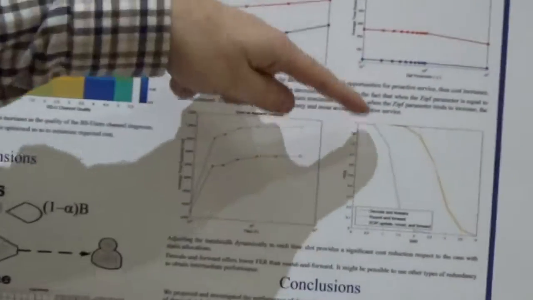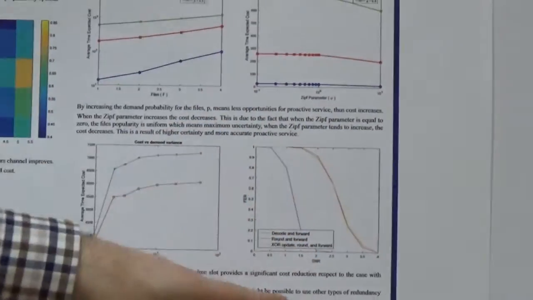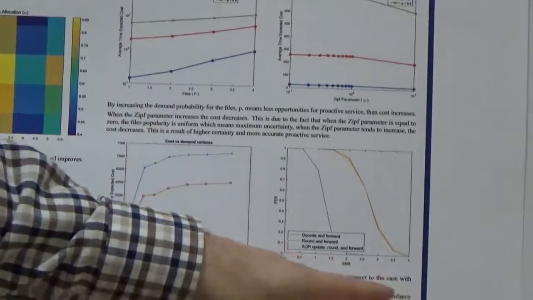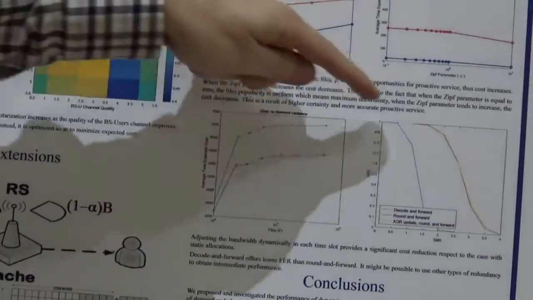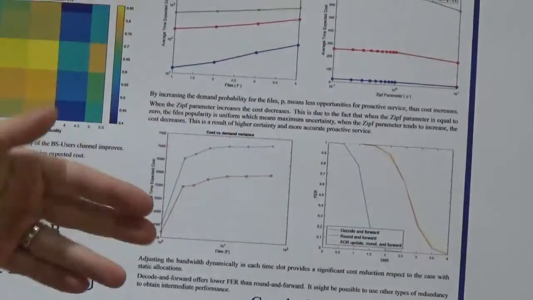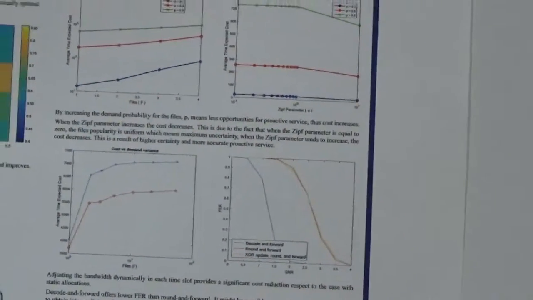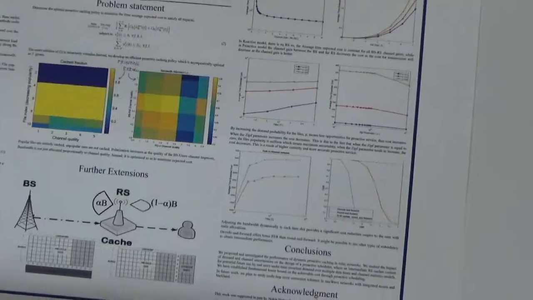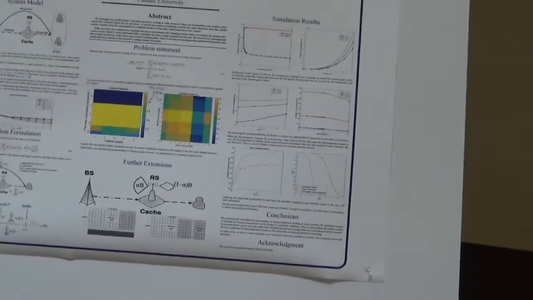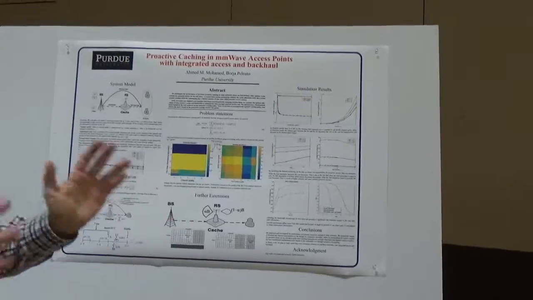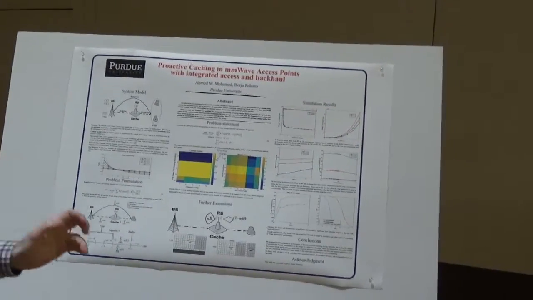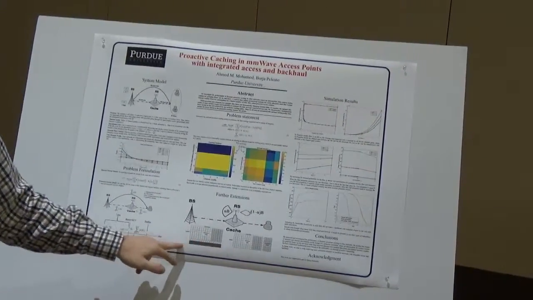So decode and forward would be this curve, where we're showing frame error rate versus SNR. Amplify and forward, or what I'm calling round and forward, would be the second curve, which is worse. And although I haven't been able to achieve better results yet, I'm hoping that I will be able to achieve a curve in between by doing something which I have previously studied, which is using erasure parity bits.